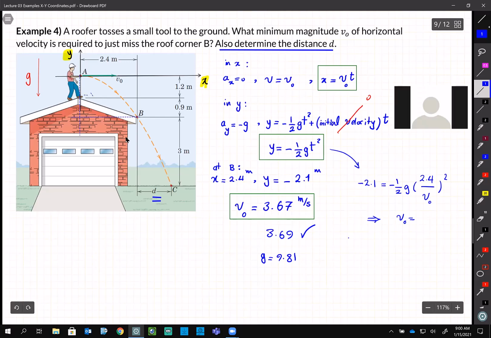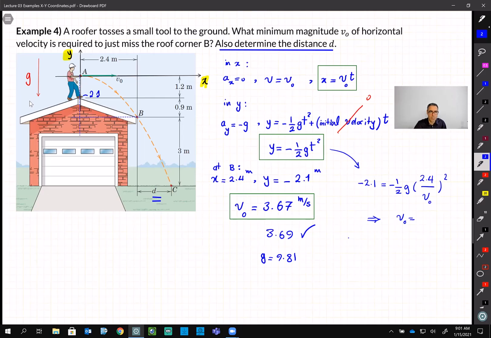Minus 2.1. So both ways are correct. If I'm taking the y direction going upward, then it means my g is downward. So these two equations have to match, because the acceleration now is against the axis that I picked.